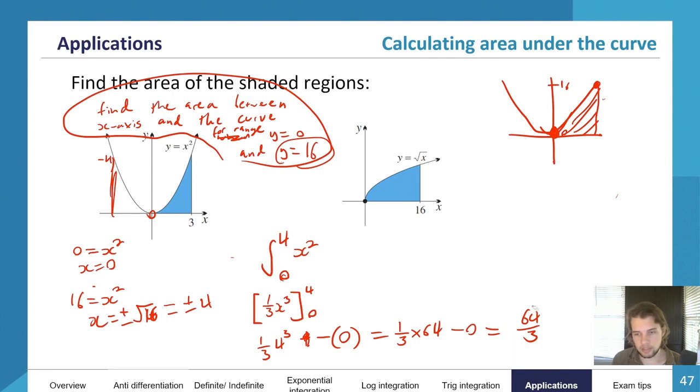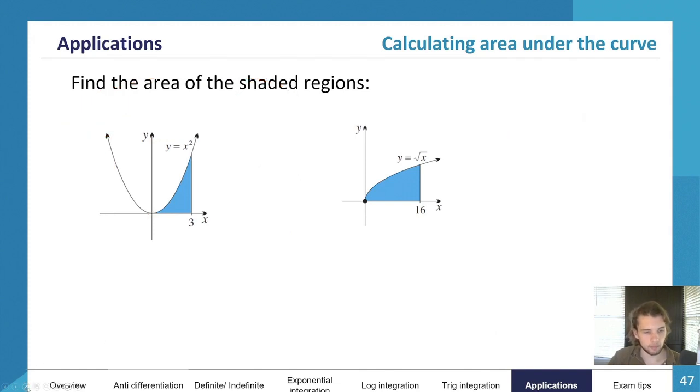So that's a slightly more complicated question you'll get. There's just the extra step of finding what the x value is there, because they might give you a y value. They might give you some other more complicated things as well. Like they might say, what is the area under this curve between the 2 points where it hits the x-axis.